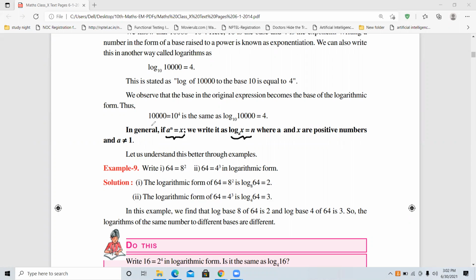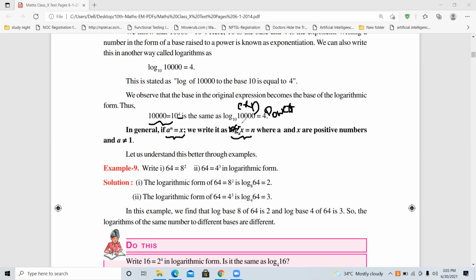Let us take an example. 10,000 equal to 10 power 4 is an exponential form. This can be written as log of 10,000 base 10 equal to 4, where 4 is the power, 10,000 is the value of that particular exponent, and 10 is the base.